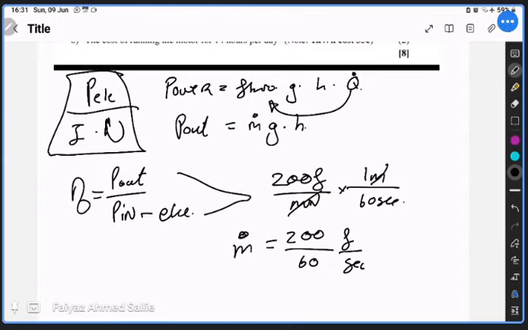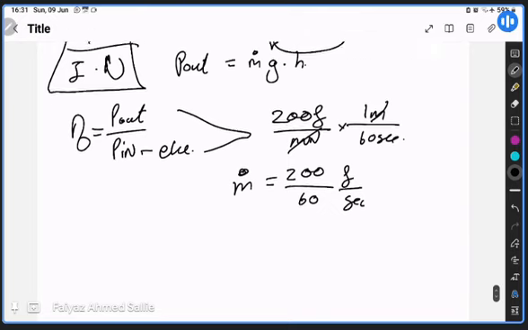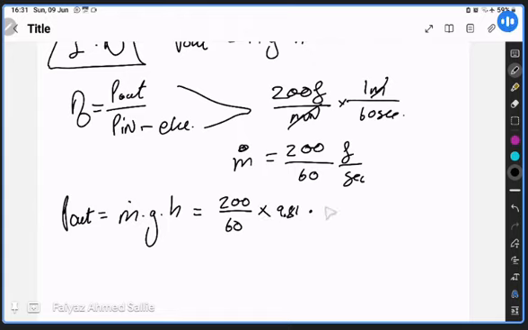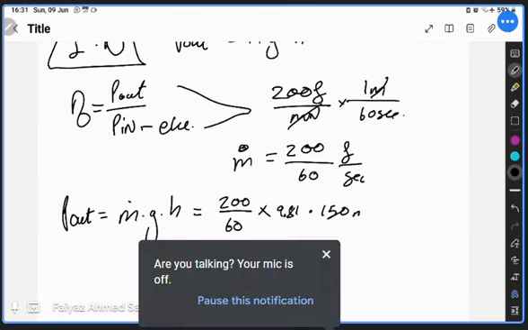Now we get our power out, which is equal to mgh: 200 over 60 multiplied by 9.81 multiplied by 150 meters. The answer there is 4905 watts.